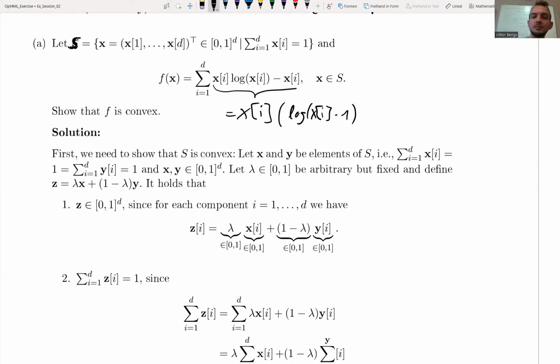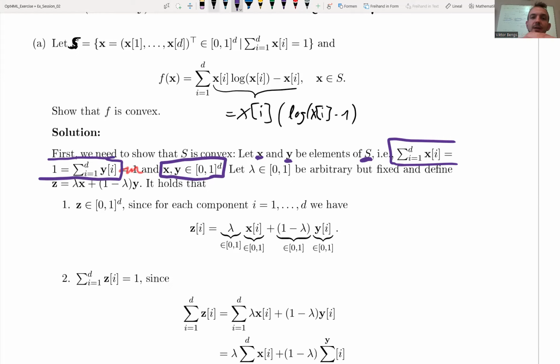So what we do is we pick two arbitrary points x and y, which are both in S. If they are both in S, this means that if we sum their components up, we get a 1, and the components are all inside 0 and 1.